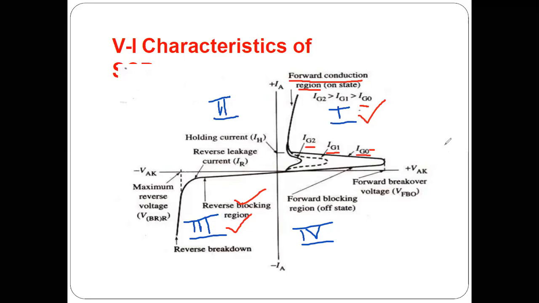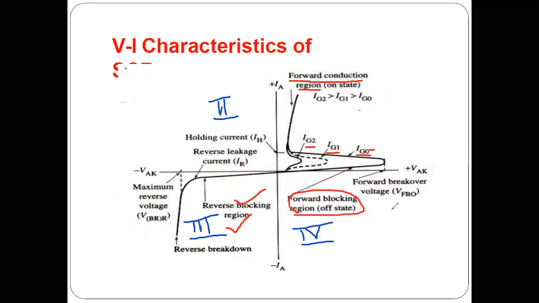As you go on increasing the voltage at the gate terminal, it will enter into the forward conduction region of the SCR. The region before entering the conduction region is your blocking region.